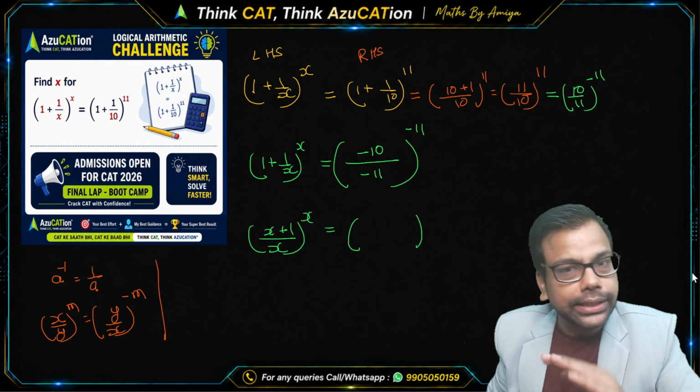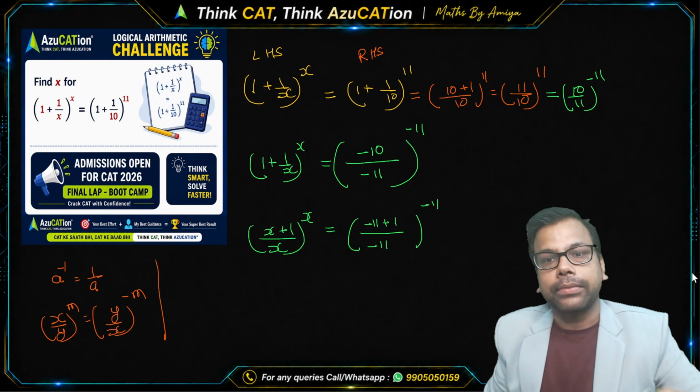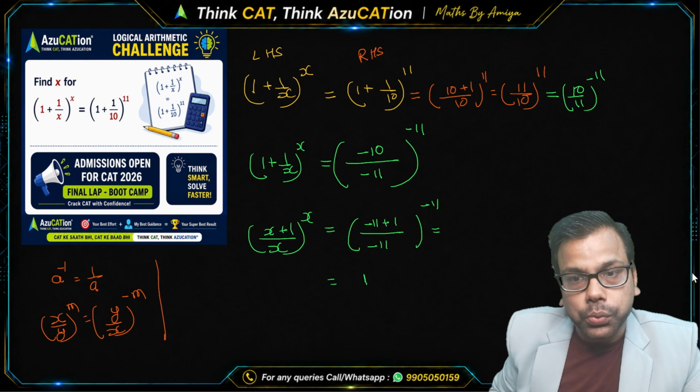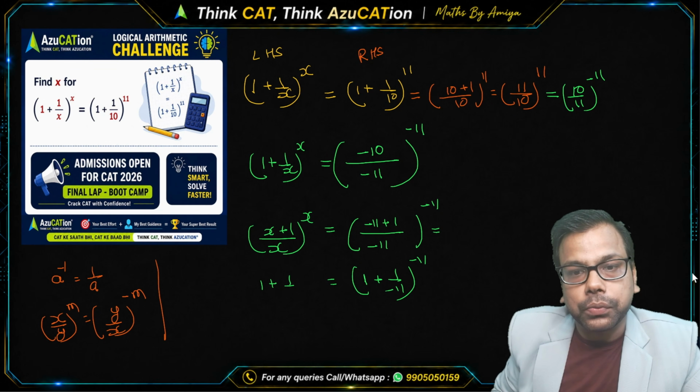Can we write the same thing here? The base is minus 11, power is minus 11, and this is minus 11 plus 1, isn't it? Or we can write it in such a way that this is 1 plus 1 upon minus 11 raised to power minus 11, which is equal to 1 plus 1 by x raised to power x.